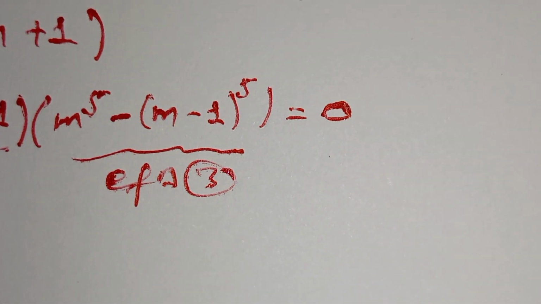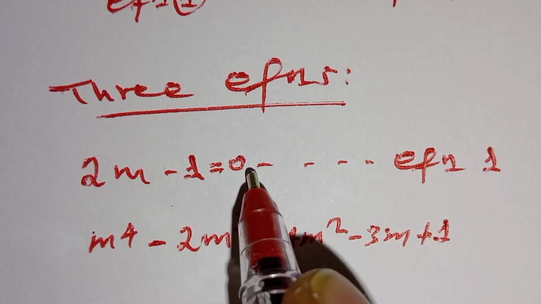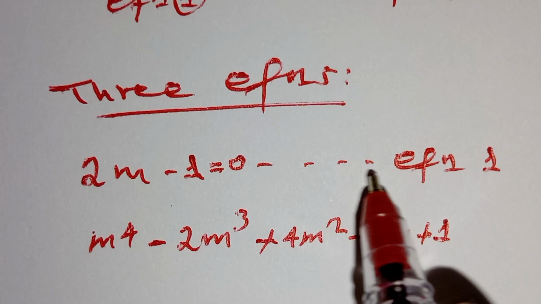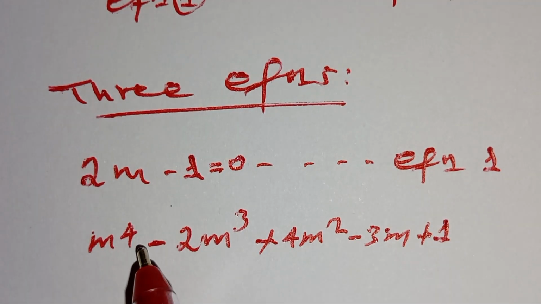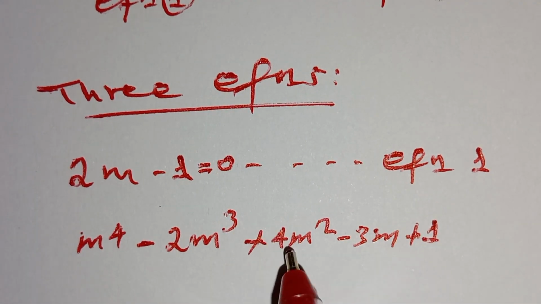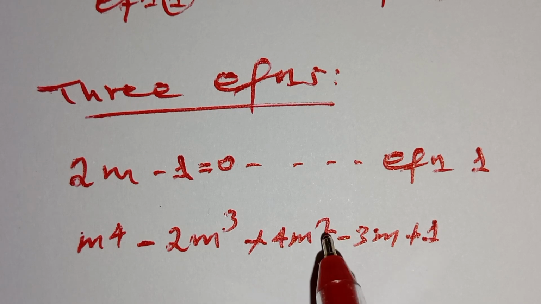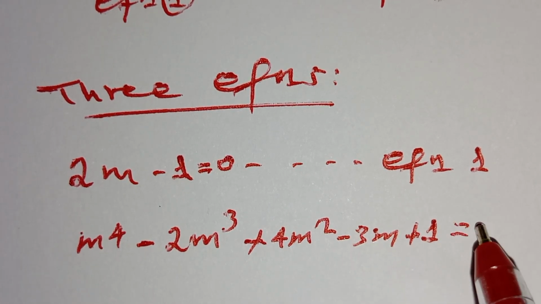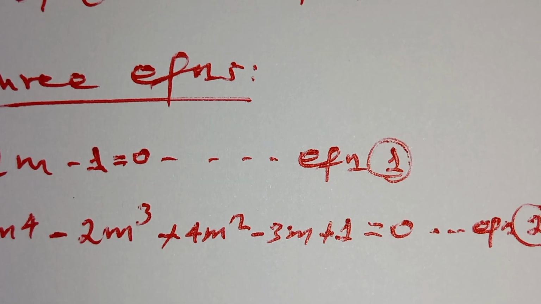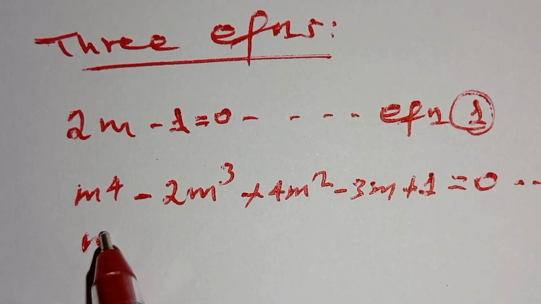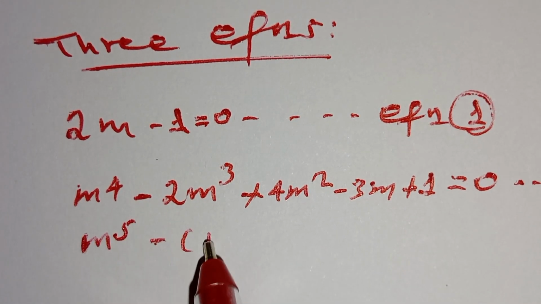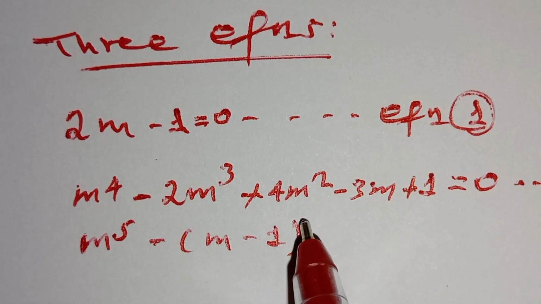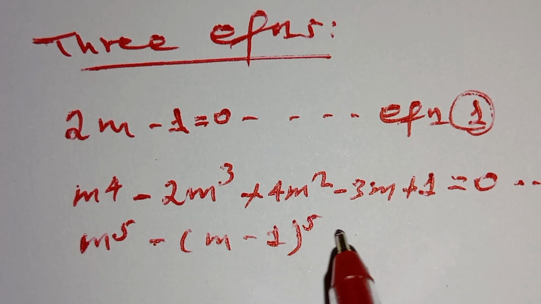Now we solve each equation. 2m minus 1 equal to 0 is one equation, and m to the power of 4 minus 2m to the power of 3 plus 4m to the power of 2 minus 3m plus 1 equal to 0 is equation 2, m to the power of 5 minus (m minus 1) to the power of 5 equal to 0 is equation 3.